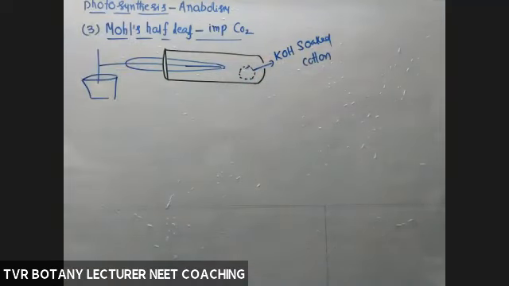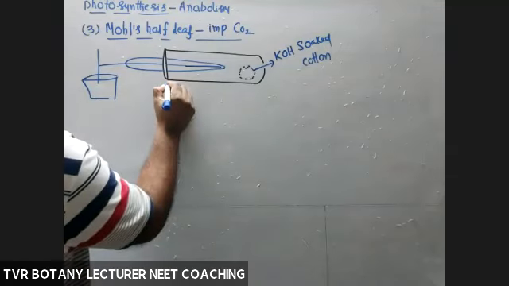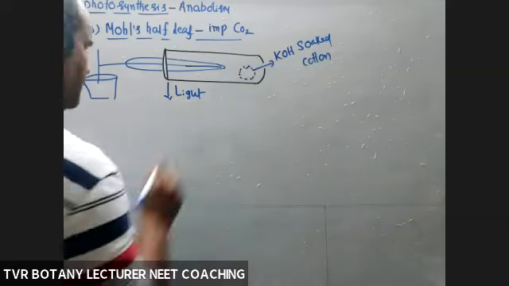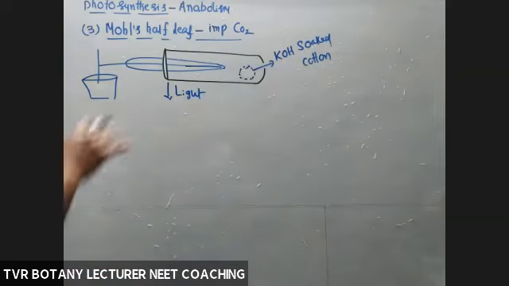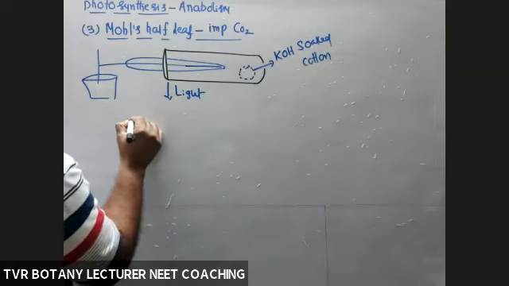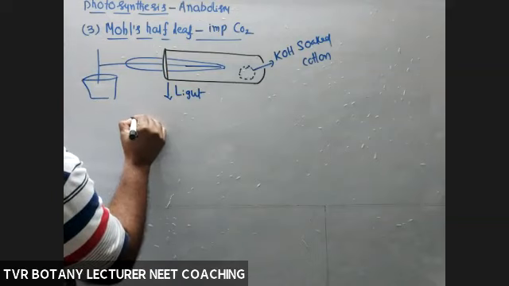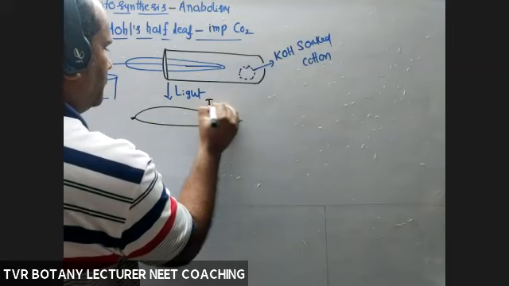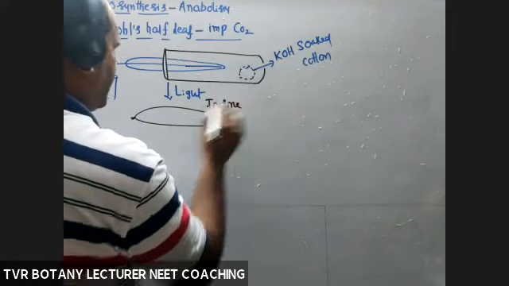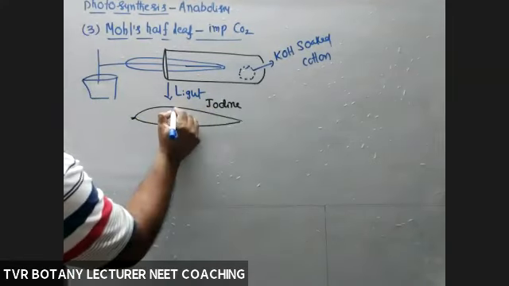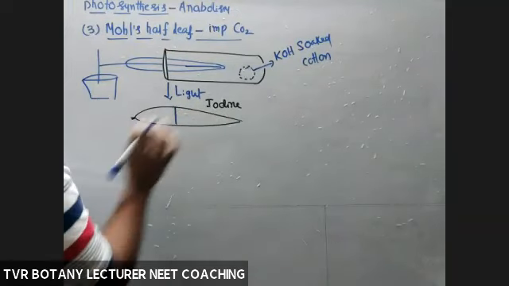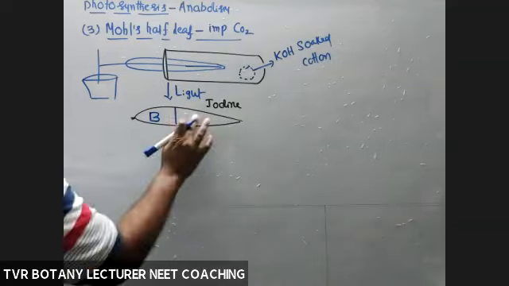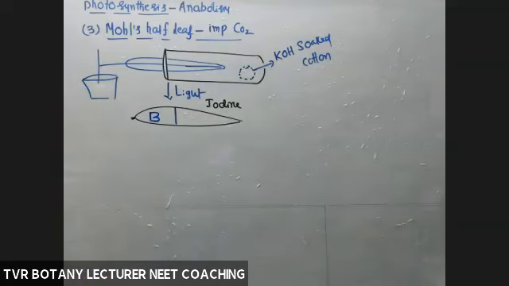Now it is exposed to light. After that period, the leaf is subjected to the iodine test. What about the basal part and the upper part? The basal part is blue in color and the upper part is colorless.